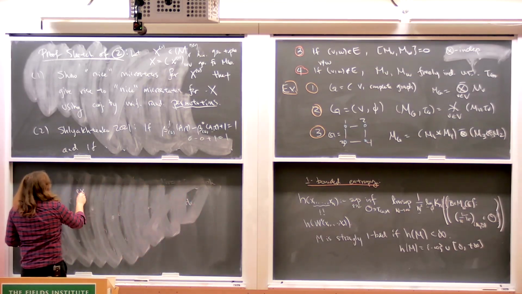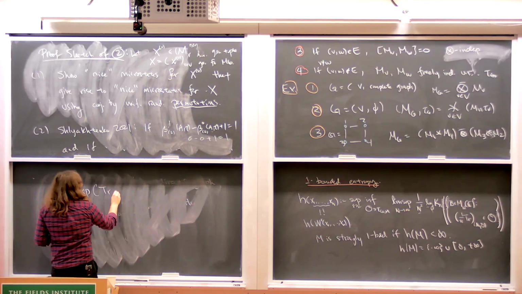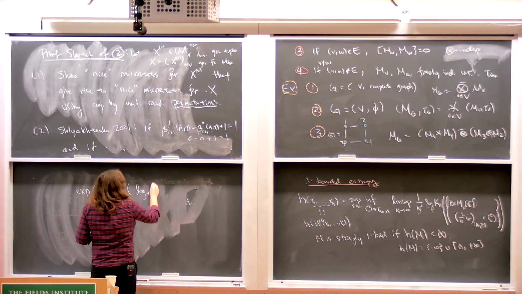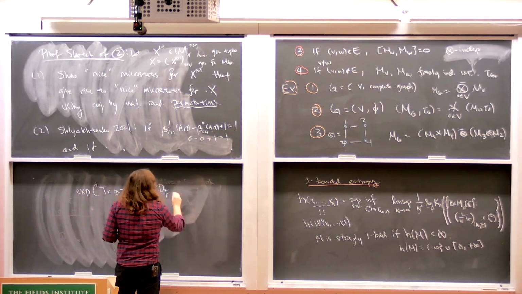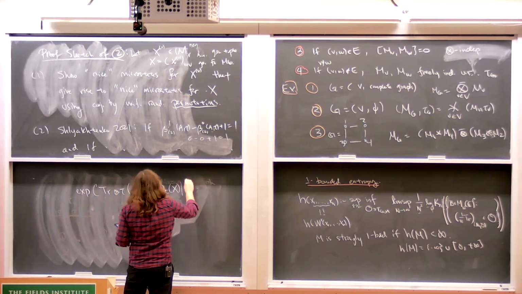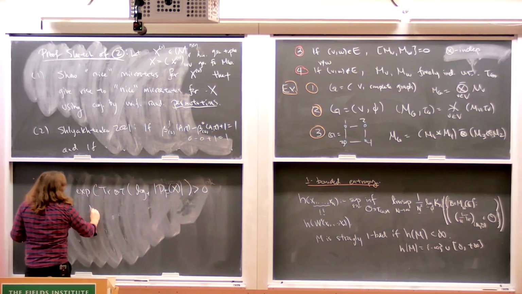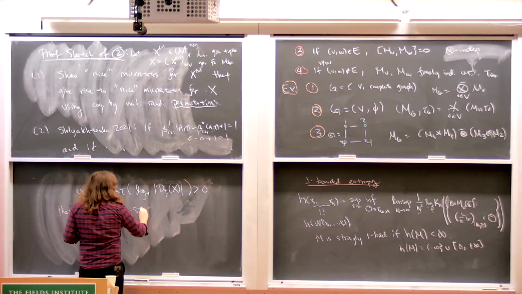So if x trace tensor tau of log plus absolute value df of x is strictly positive, then M_G is strongly one-bounded.